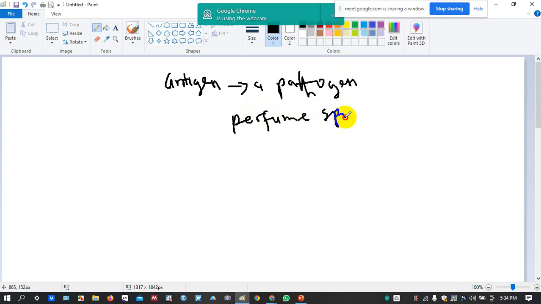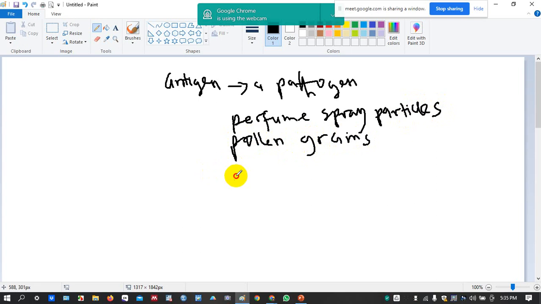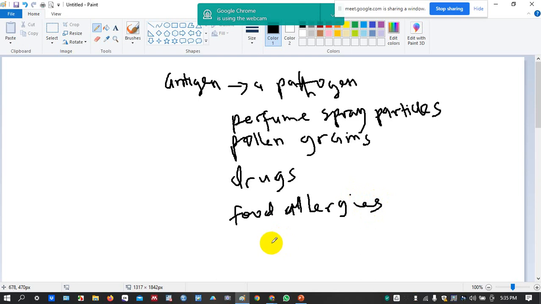It can also be pollen grains, drugs, that is drug idiosyncrasies, food, as in food allergies. Some foods, when you take them in, you will get a lot of allergic reactions. So foods which trigger allergic reactions, food allergies, and so on, etc. So let's proceed.